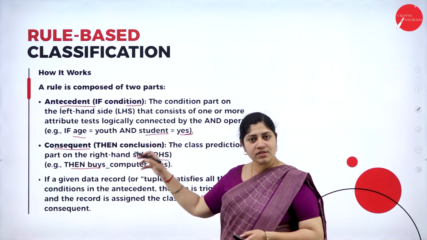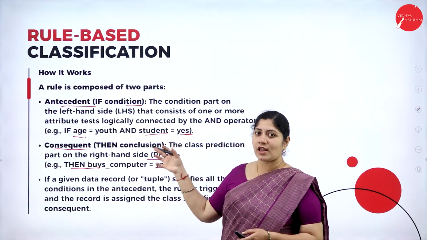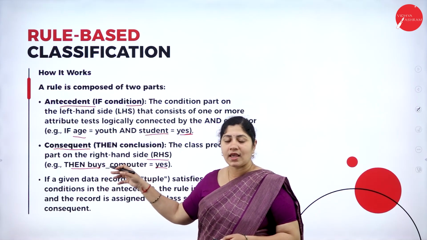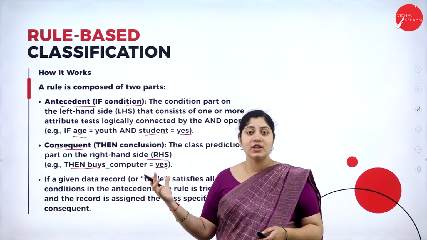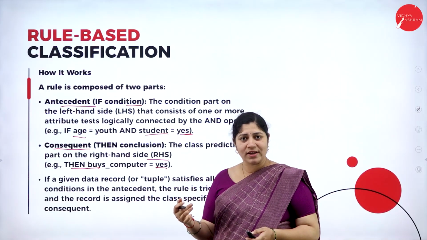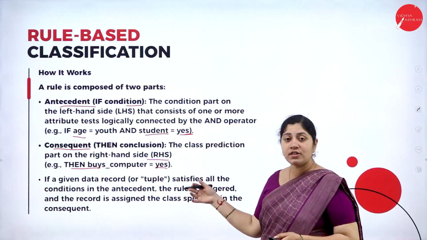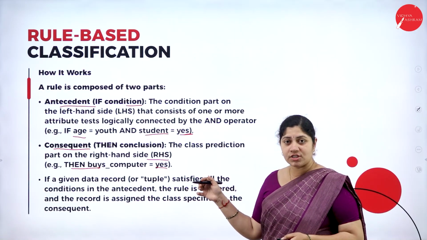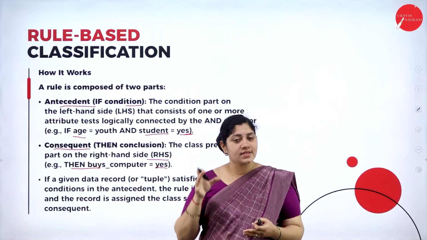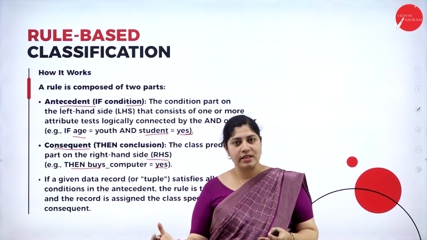If he is a student and his age is youth, then we can say he can buy. Then buys computer will also be a true condition, because a student needs a computer, right? If a given data record satisfies all these conditions, then the rule is triggered and the record is assigned. So this is how rule-based classification works.